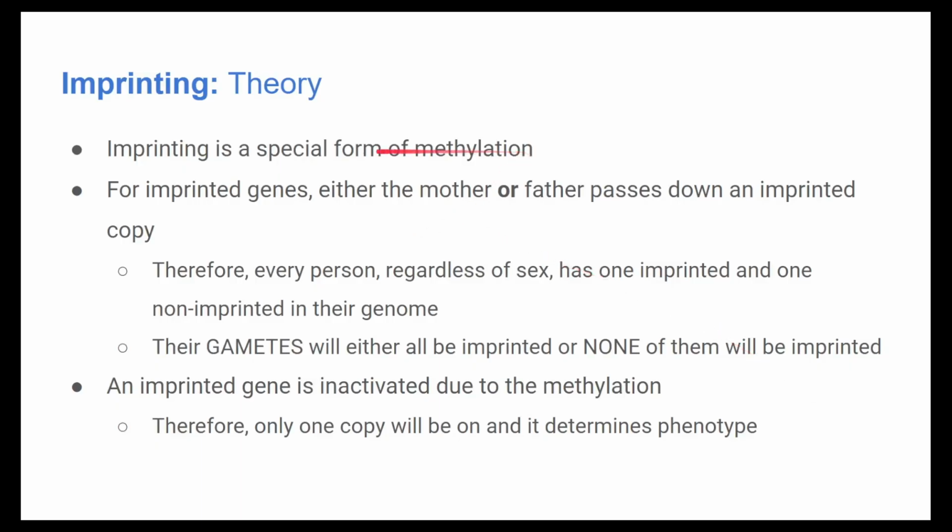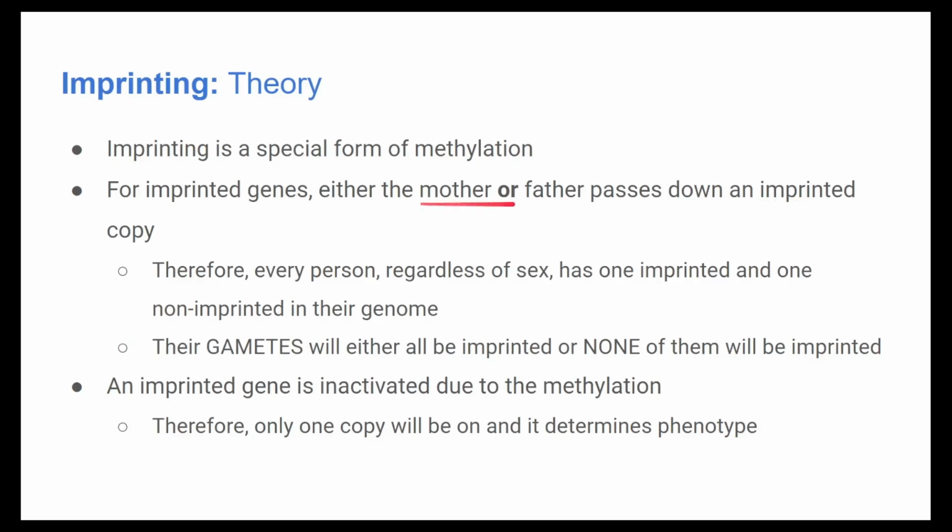Let's talk about a special form of methylation. Remember, methylation is turning off a gene. Imprinting is a specific type of methylating. Imprinting is heritable. There are a set of genes in the human genome that are imprinted, which means either the mother or the father turns off the copies that they pass down.